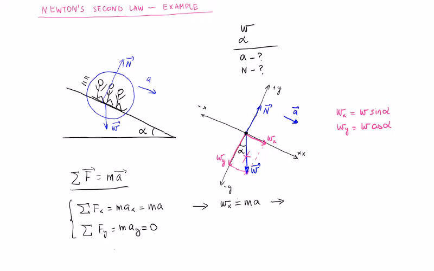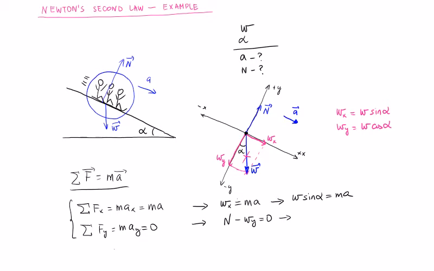If I plug in the expression for wx, that would be w sine alpha equals ma. Same thing for the y component: I have a normal force going upwards minus wy, which equals 0.